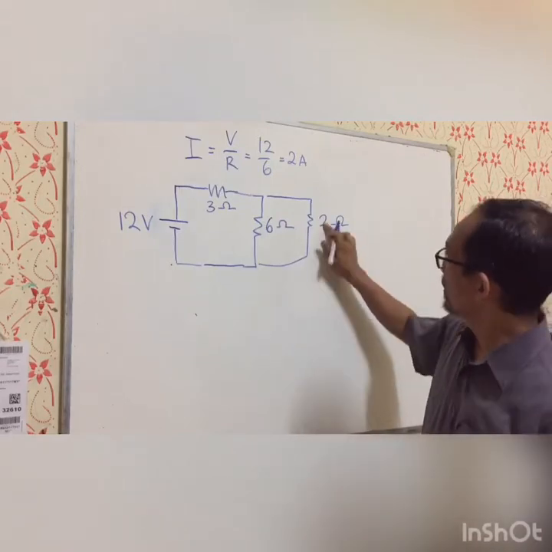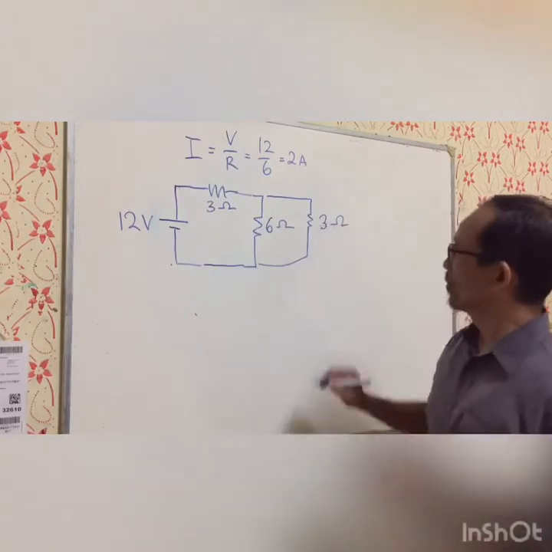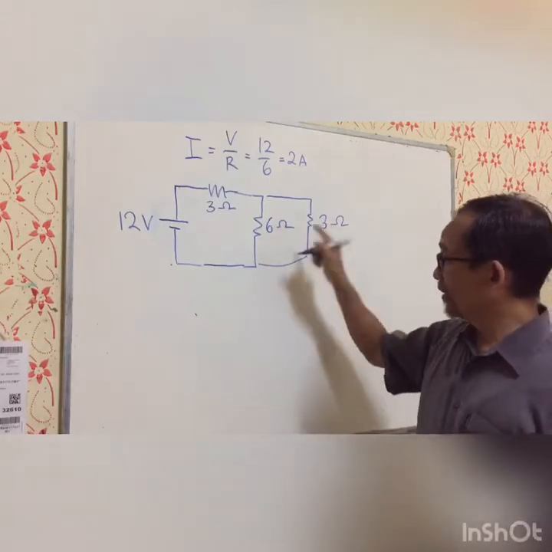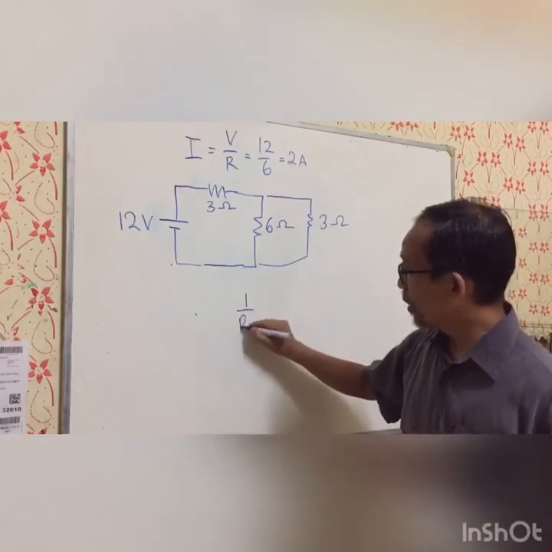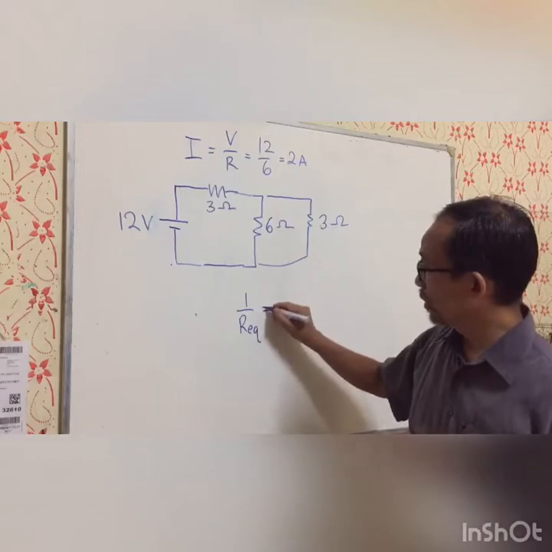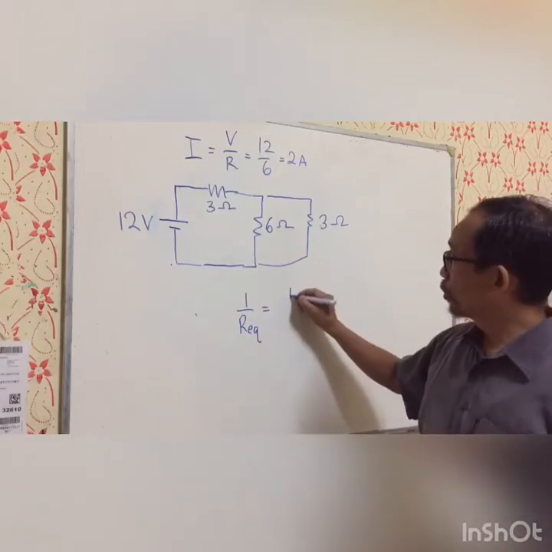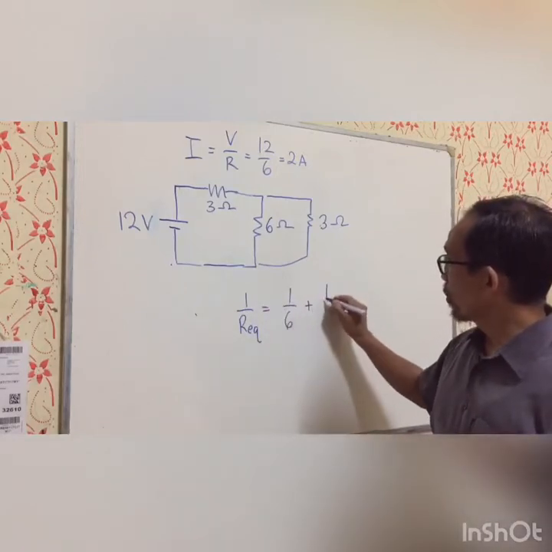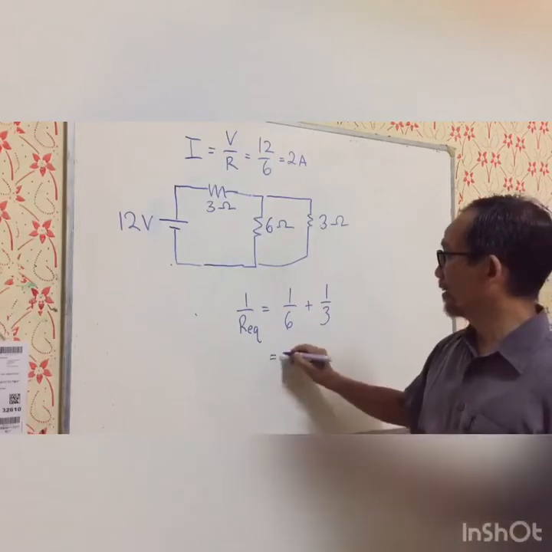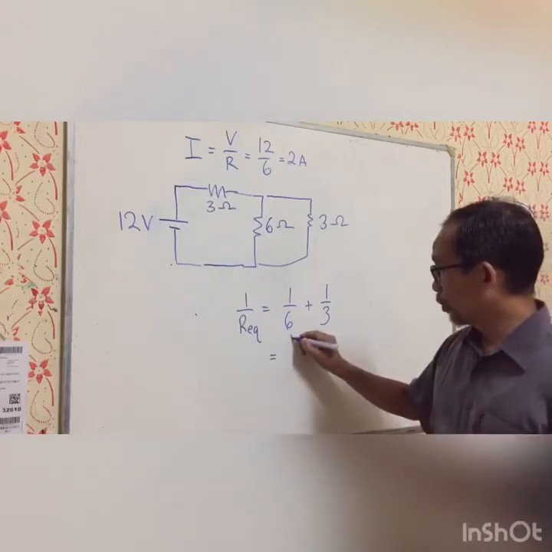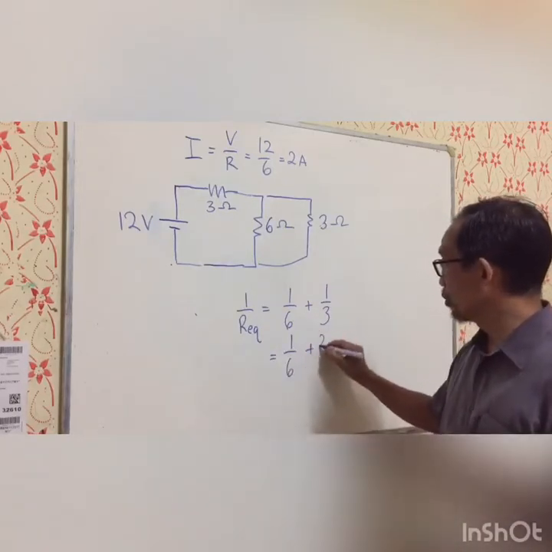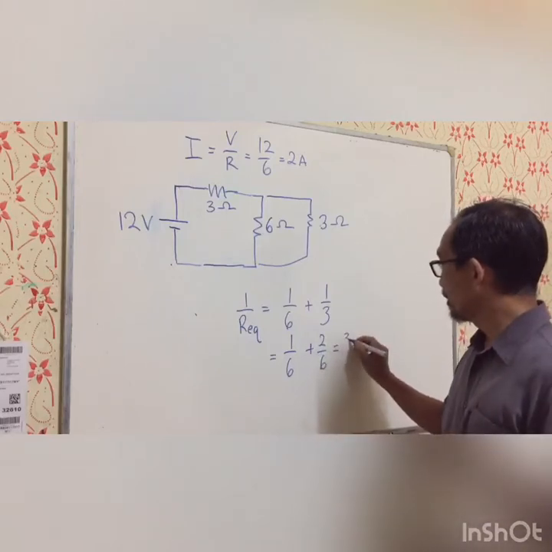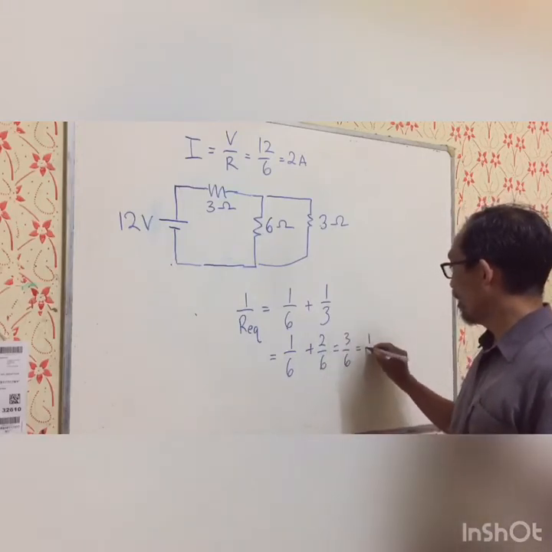So let's say this is 3 ohm, 3 ohm. So to combine these two, we need to use the formula 1 over Req equal to 1 over 6 plus 1 over 3, and this is equal to 1 over 6 plus 2 over 6, 3 over 6, or half.